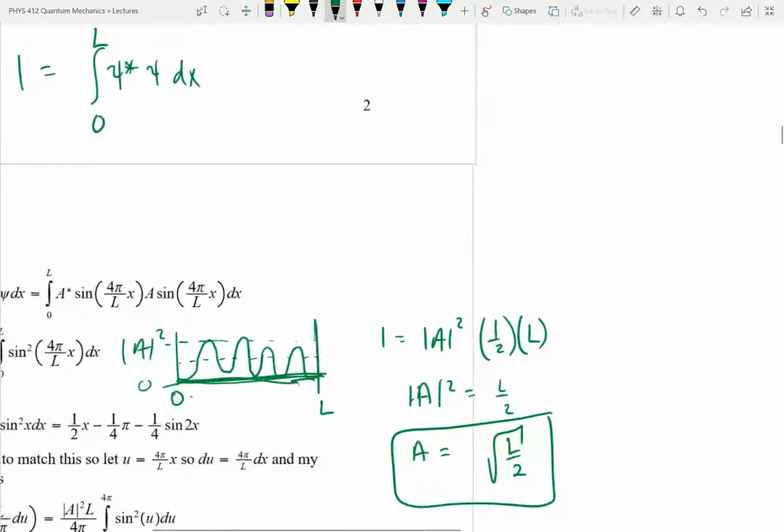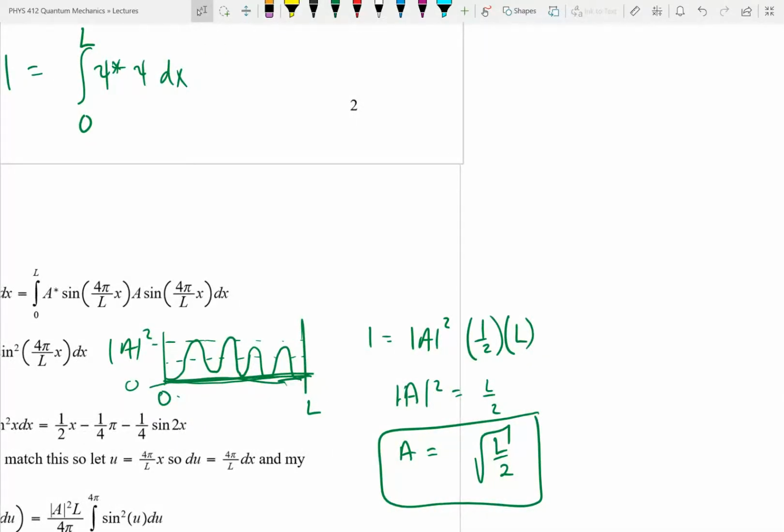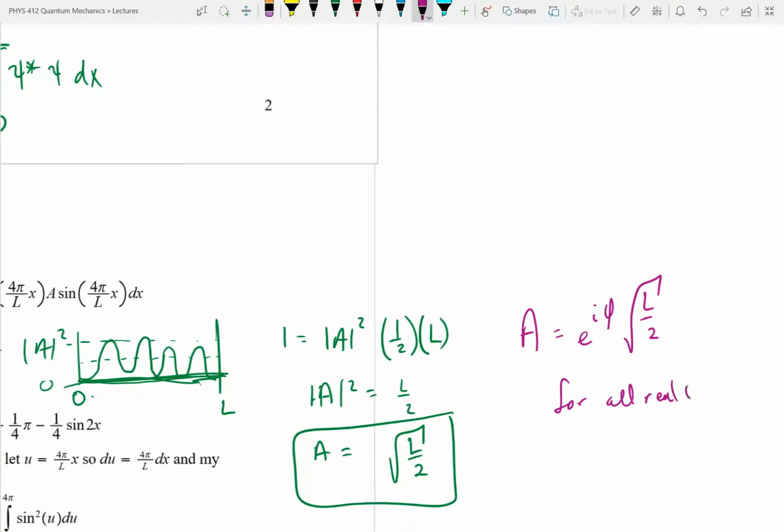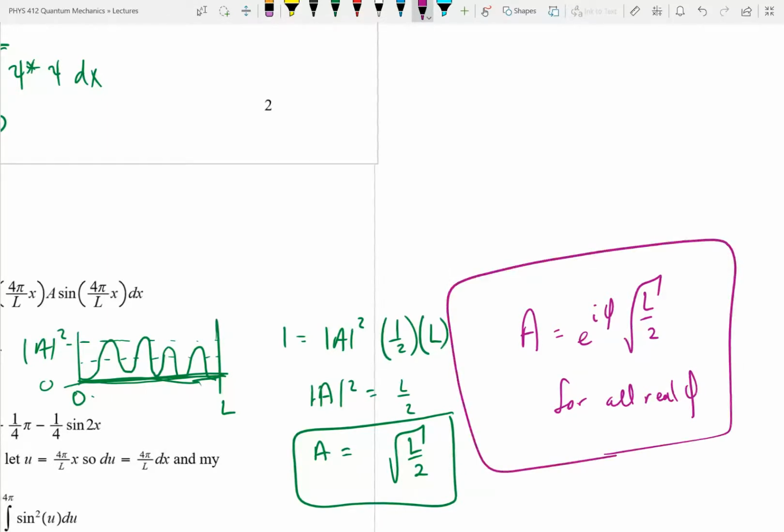Okay. Name a third possible answer. Here's the entire family of answers, for all, I should say all real phi. So you have an infinite number of possible answers.